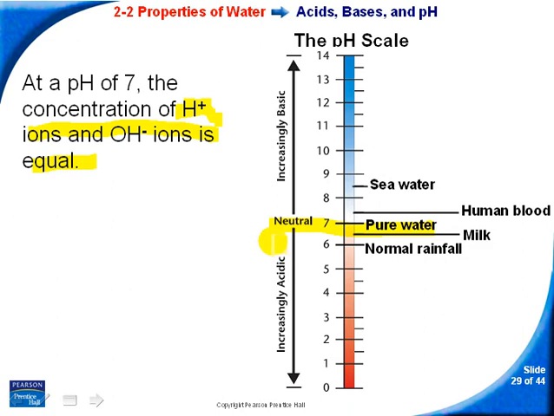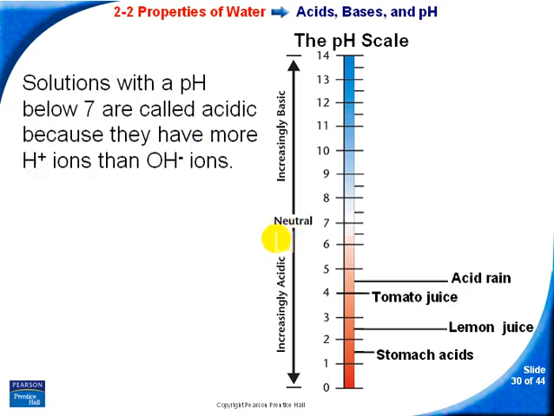It has a pH of 7. It's just hydrogen ions and hydroxide ions together. So solutions below 7 are called acidic because they have more hydrogen ions than hydroxide ions.